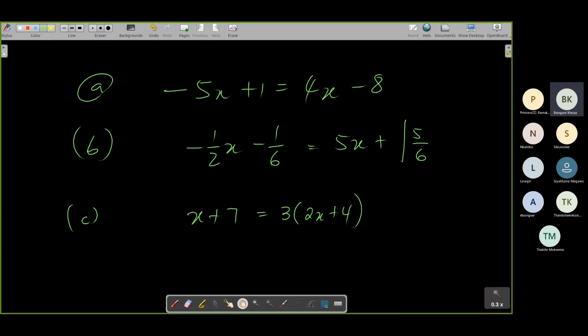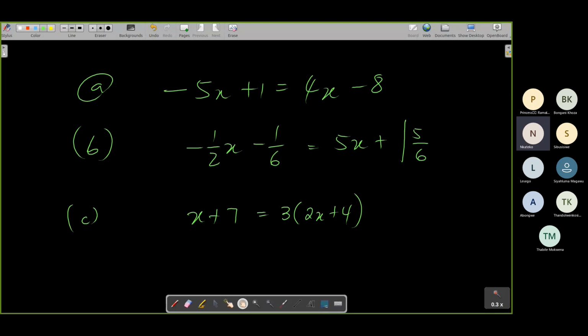Taking everything that is a variable, putting it on one side, everything that doesn't have a variable, put it on the other side. Does that help you? Yes, sir. I'm trying. All right.